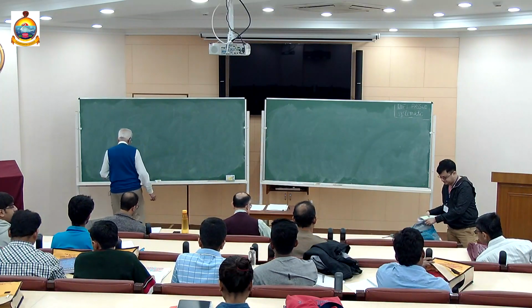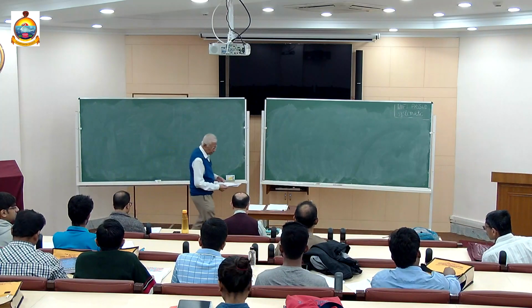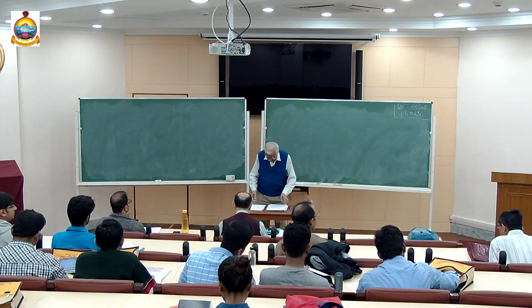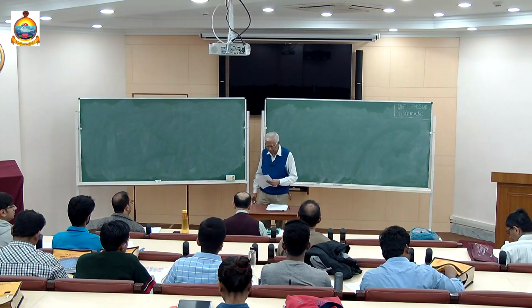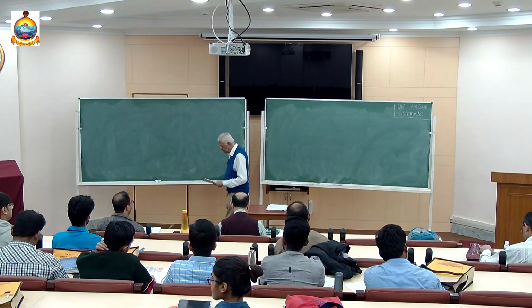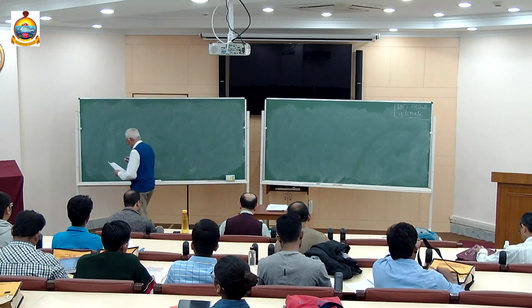So, the first thing I will deal with today is the case of a non-relativistic particle with a given mass and a given electric charge moving in an external electromagnetic field.